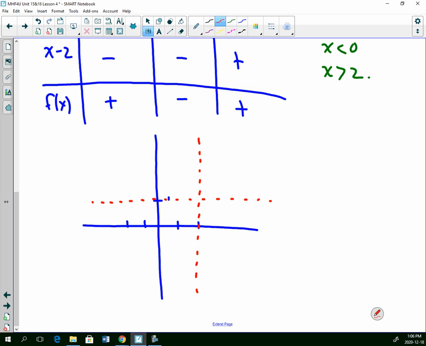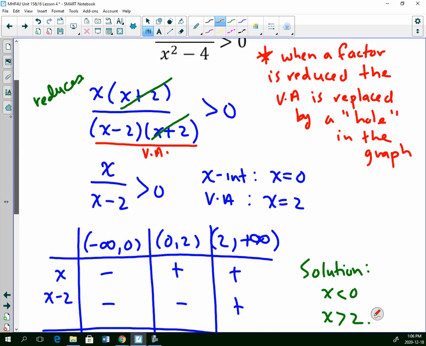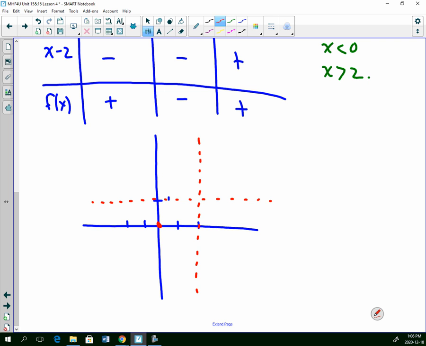And then my x-intercept was at 0, correct? Yes, my x-intercept was at 0. And then it went like this. It went above. So according to my table, to the left of 0, I'm above the x-axis. Then I go below the x-axis, and then I'm above. So this is what the graph looks like.